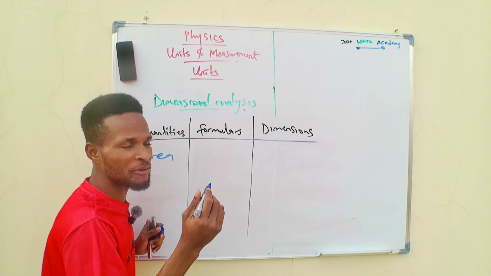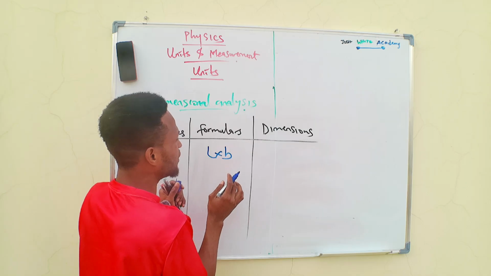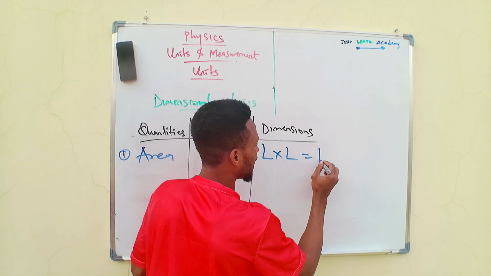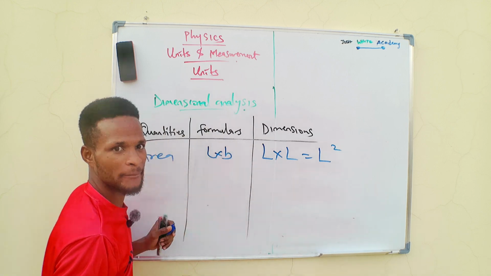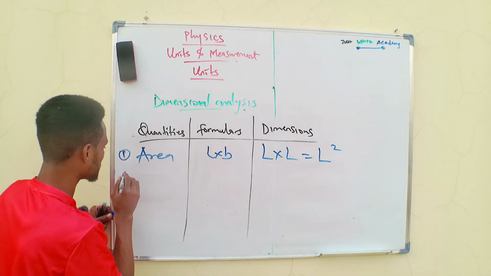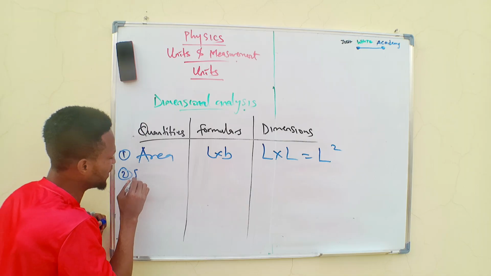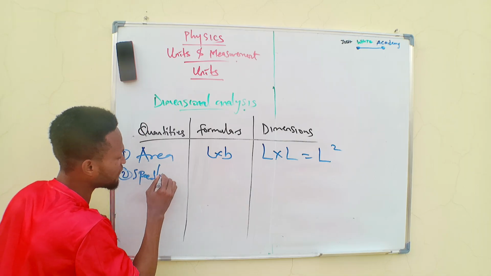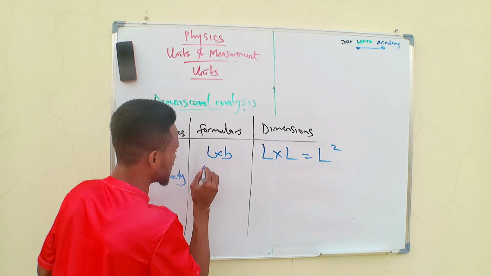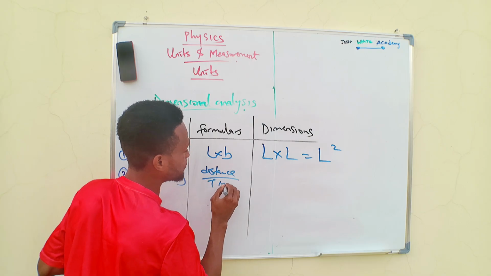Area, as we've said before, is length times breadth. So the dimension is length times length, which is L squared, not m squared as in units. Let's talk about speed or velocity. It is distance over time.